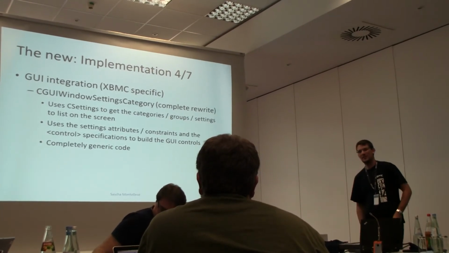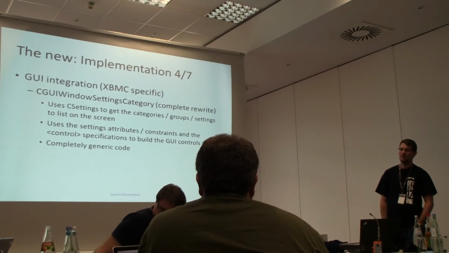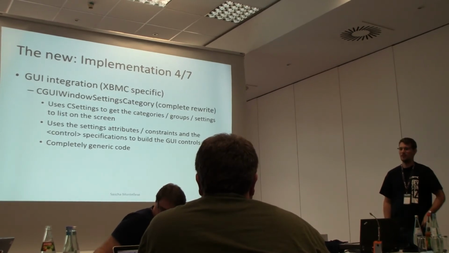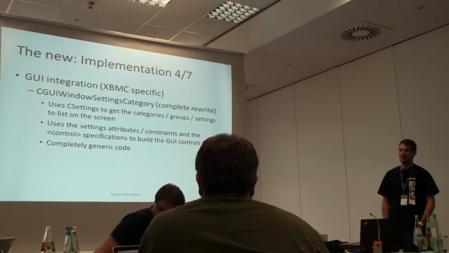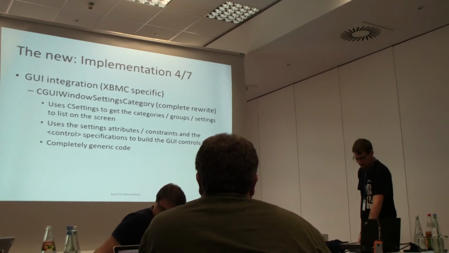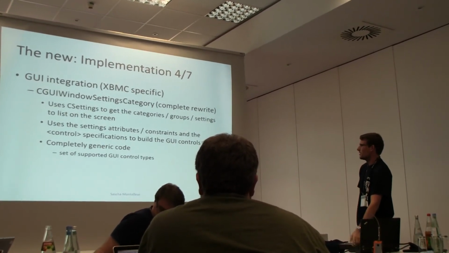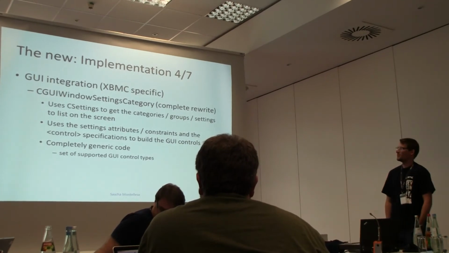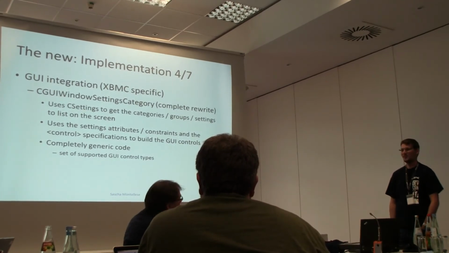It's basically completely generic code. So it simply reads the list of categories and creates the user interface. It reads the list of settings and creates the controls. It's not completely generic because the list of user controls is limited.